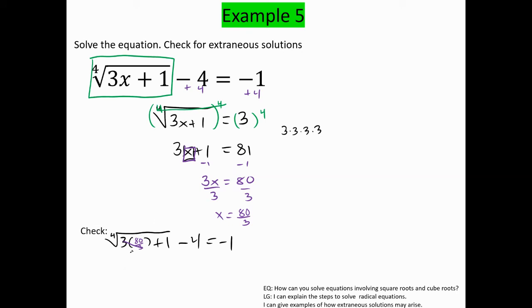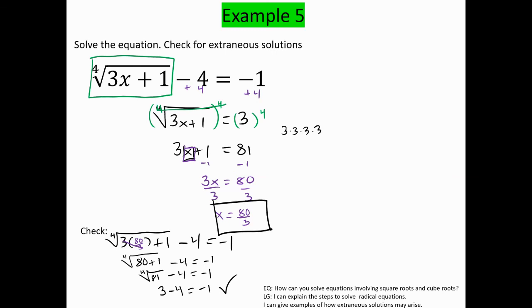And then we know this whole thing is just going to be 80 plus 1. I'm going to go ahead and write it. 80 plus 1 minus 4 equals negative 1. And so we're doing the 4th root of 81 minus 4 equals negative 1. And we know the 4th root of 81 is just 3. That's kind of how we got it to begin with. And is 3 minus 4 negative 1? It sure is, so we know, without a doubt, that is our answer.